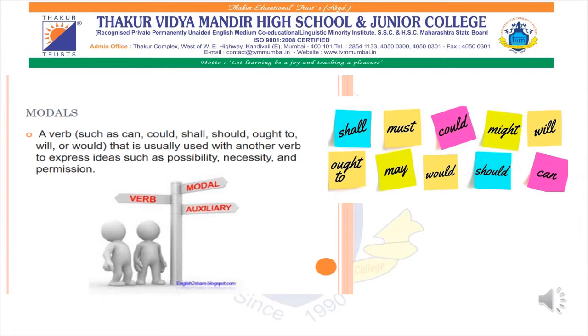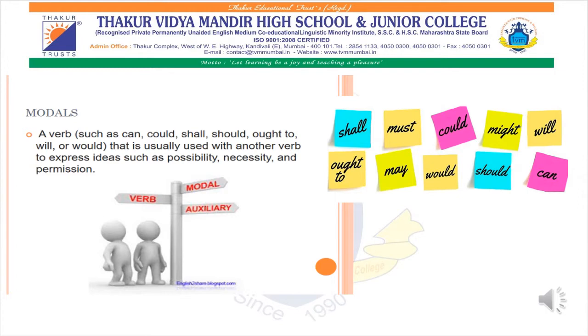Before we start with our topic, let's know what exactly is the meaning of the word modal auxiliaries. Modals are verbs such as can, could, shall, should, ought to, will, or would that are usually used with another verb to express ideas such as possibility, necessity, and permission.